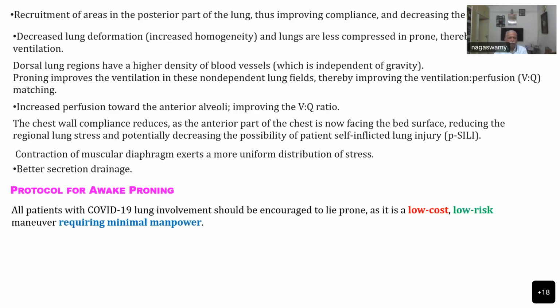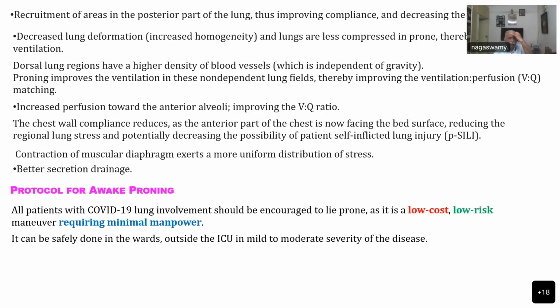So you have to follow the protocol requiring minimal manpower. It is low cost, low risk, minimal manpower because the patient himself or herself is going to adopt the position. Whereas in an intubated ventilated patient, you require at least 4 to 5 people to turn the patient, and you have all the disadvantages of the lines coming off, the monitoring lines getting peeled off, the catheters coming off.